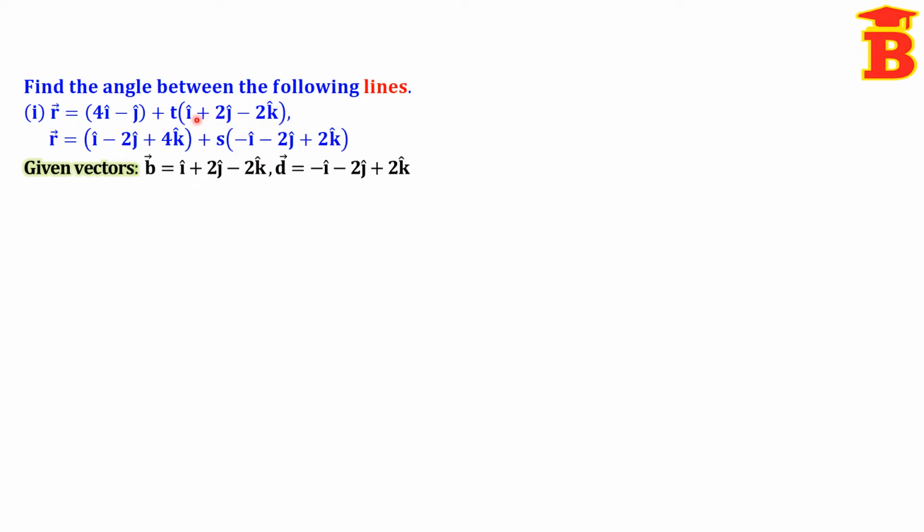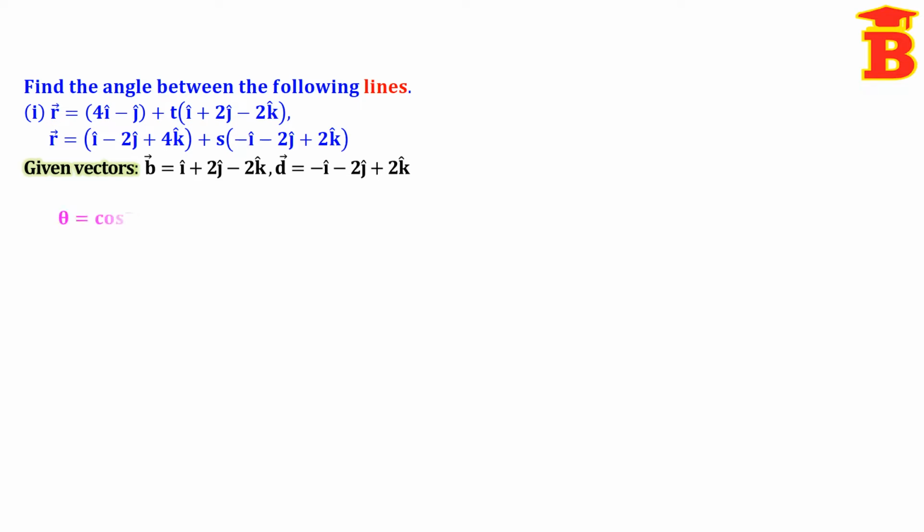So we take it as b vector, that is i plus 2j minus 2k. And see the second line, here s into this bracket, this is only vector. So take the second vector d vector equal to minus i minus 2j plus 2k.